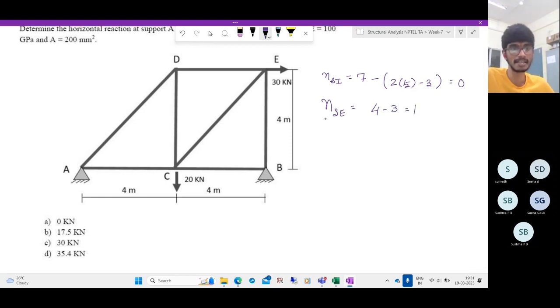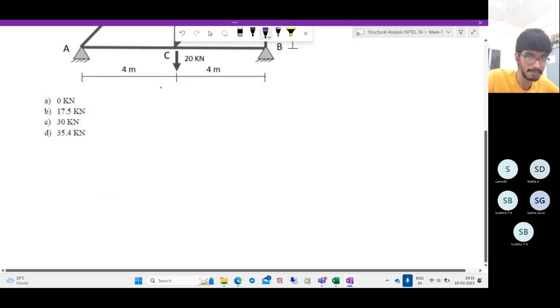So what do you treat as the unknown reaction? The redundant reaction is the horizontal reaction at the support A, AX. As usual, let us release AX and construct a primary structure. So this is our primary structure.